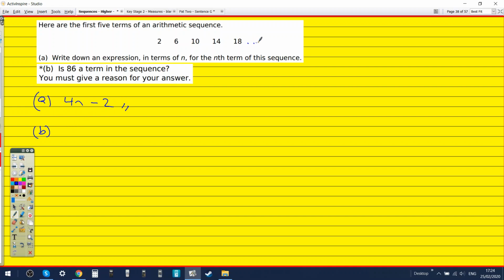We want to see, is there some number that when you put it in for n, you would get 86? Any idea how you'd go about that? Easy. You put 86, add 2, which is 88, and then divide 88 by 4.